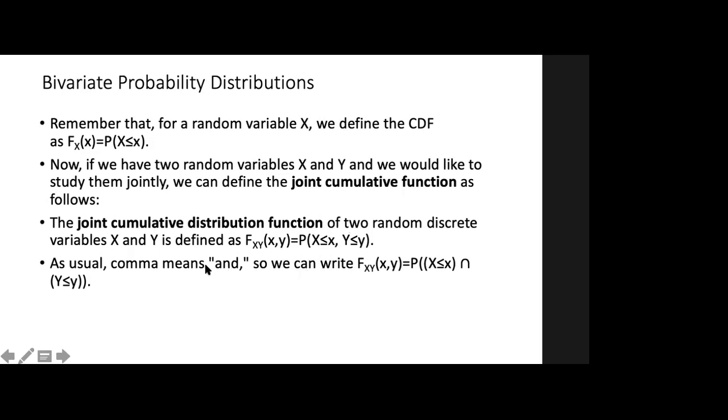We can always interpret this comma as an and. So in our dog example, the probability that the height is less or equal to 10 inches and that the weight is less or equal to, let's say, 8 pounds. These are just arbitrary numbers.